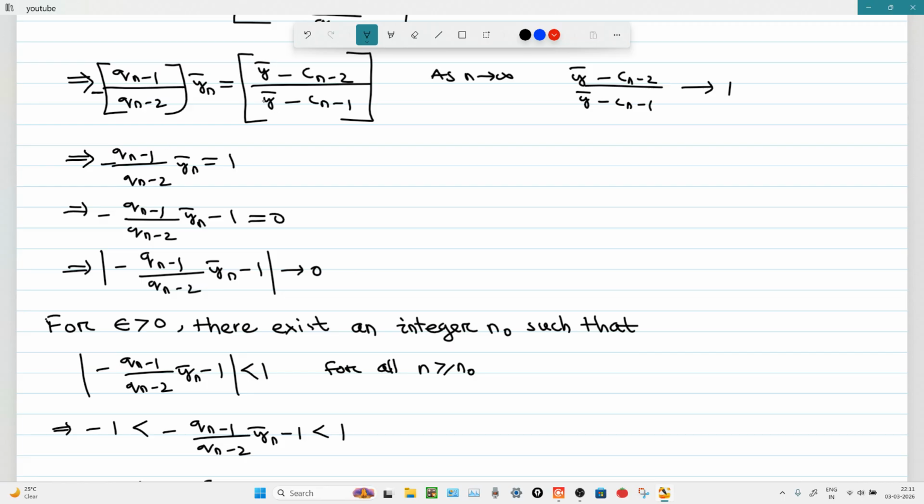Then as n goes to infinity, this term goes to 1. Then putting 1, q(n minus 1) divided by q(n minus 2) times (yn minus 1) equals 0, tends to 0.